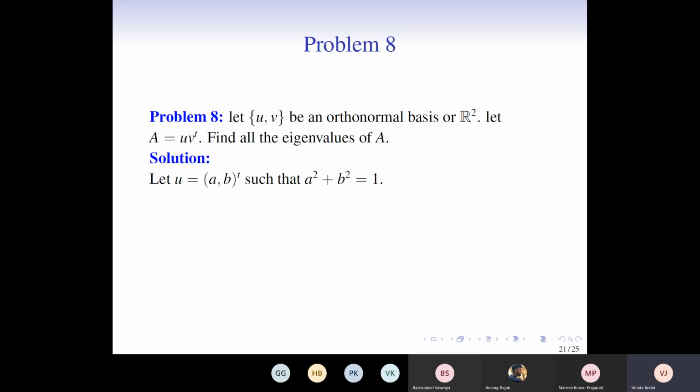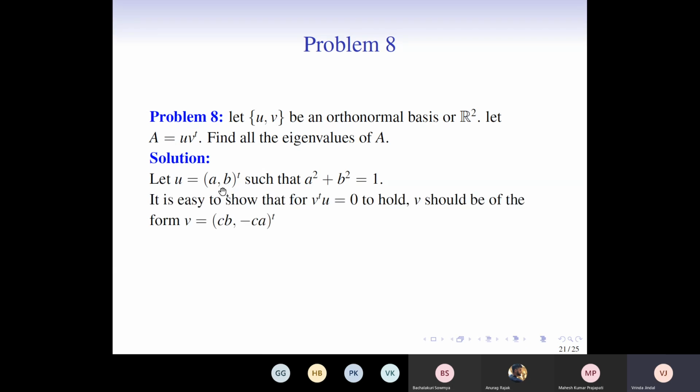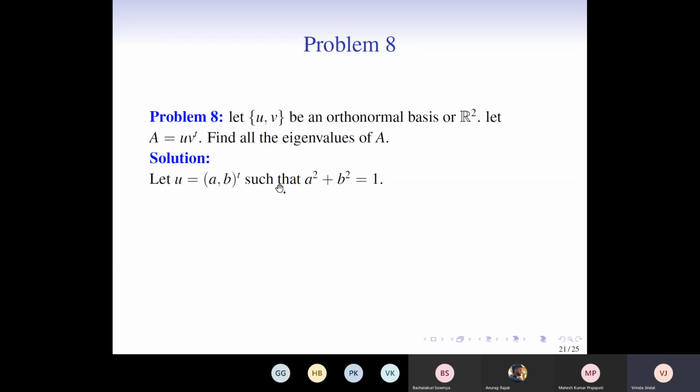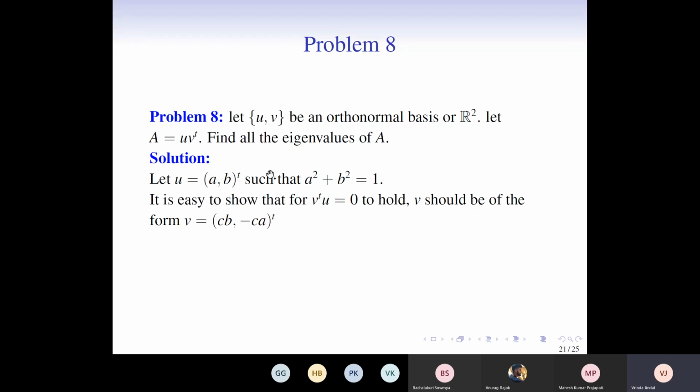Since U and V belong to R2, we can write U as (a, b), where a and b are real numbers. U and V are an orthonormal basis, so both of them are unit vectors. So we get a squared plus b squared equal to 1. We also need to assume V. So assume V is (x, y). So we have two conditions now.